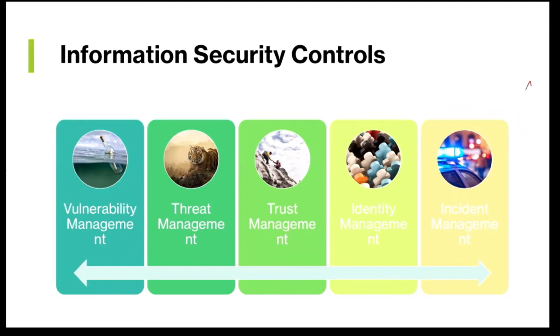To improve overall information security, organizations must implement ISC, or information security controls, that satisfy their specific security requirements. So there must be a vulnerability, threat, trust, identity, and incident management process. Let's try one by one.